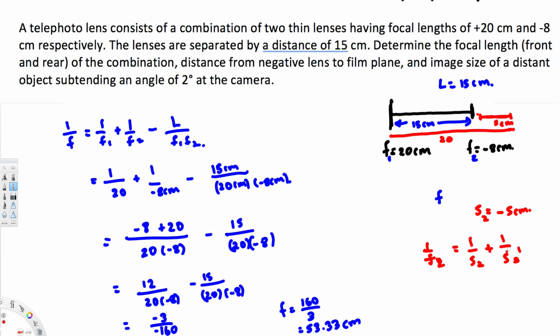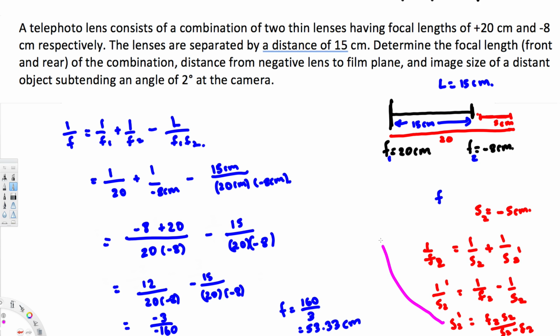Since we are trying to find the image distance, we can rearrange this equation: 1 over s2 prime is equal to 1 over f2 minus 1 over s2, and if we flip this around, s2 prime is equal to f2 times s2 divided by s2 minus f2. And this is the equation. Now let's plug in the values.